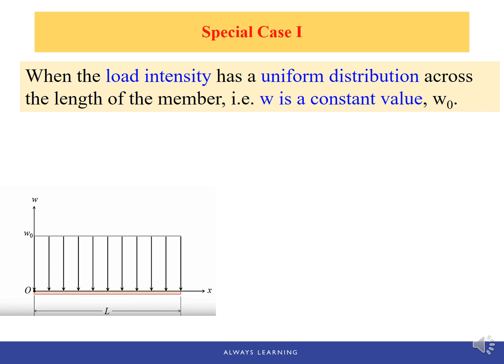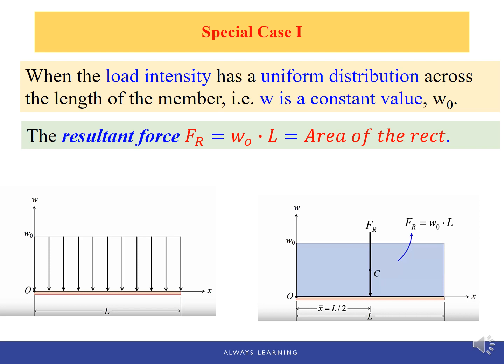In this case, the resultant force FR equals the area of the rectangle, and the location of this resultant force is just half of the length, L/2, which means it passes through the centroid of this area, or the centroid is just in the middle of this geometry.